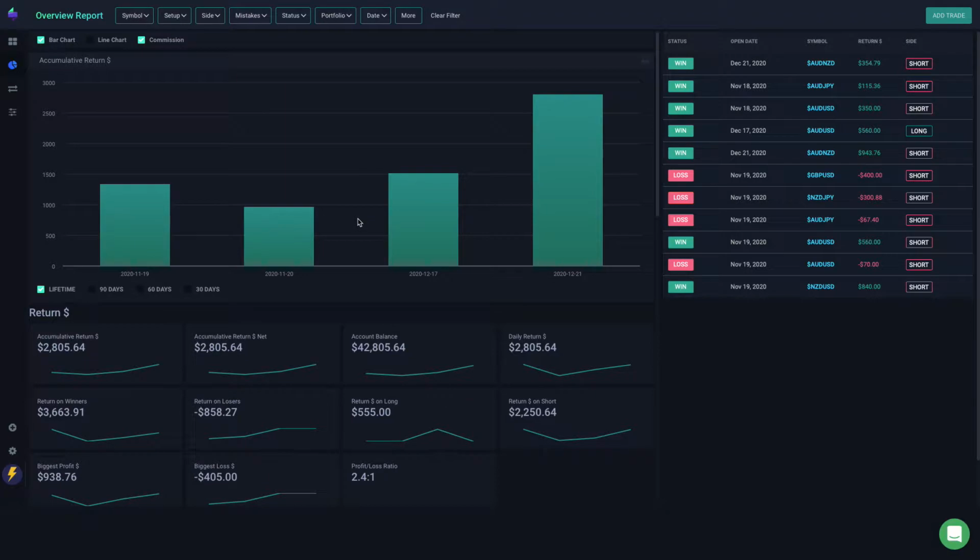You can also break things down by certain categories, which is what I really like. In this case, we have little details of all the trades on the right, and then we have the performance. Seems like it's a mixed performance, but today was a better trading day, and that's where we had a big jump.